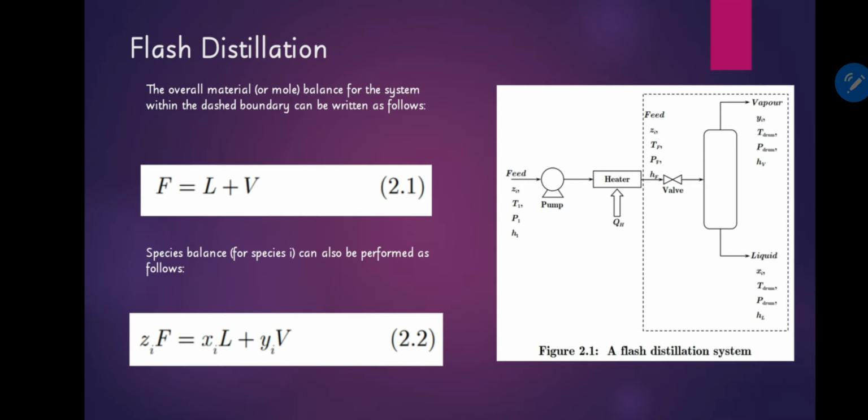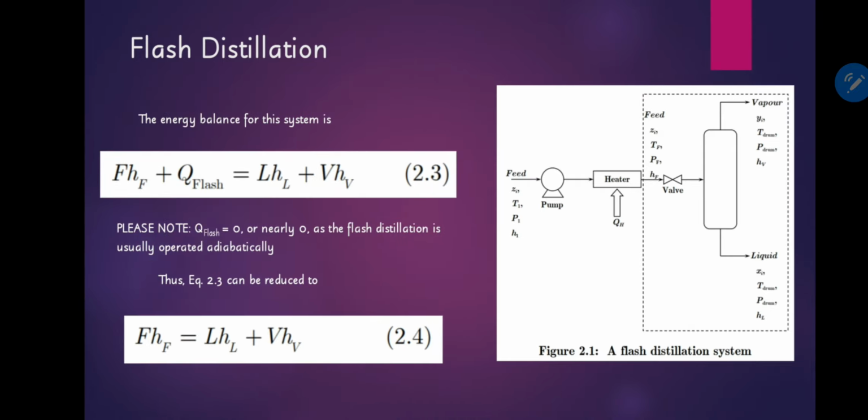For the species i, Zi represents the composition of the species i in the feed, Yi in the vapor, and Xi in the liquid phase. So that would be Zi F equal to Xi L plus Yi V. That would be the material balance in the distillation system.